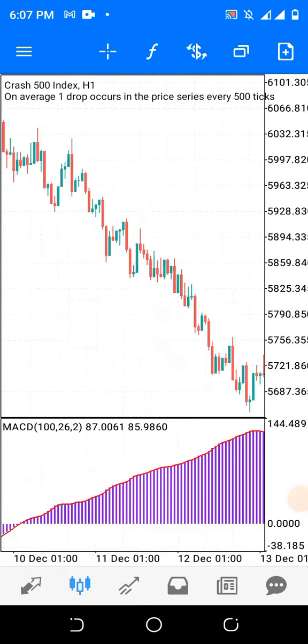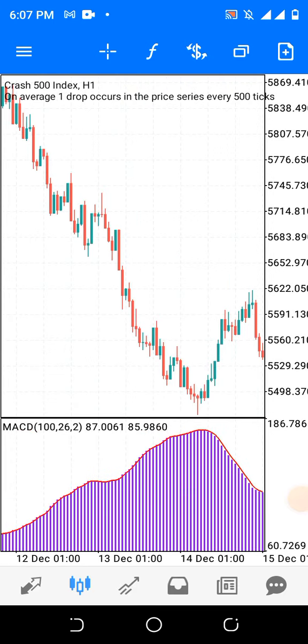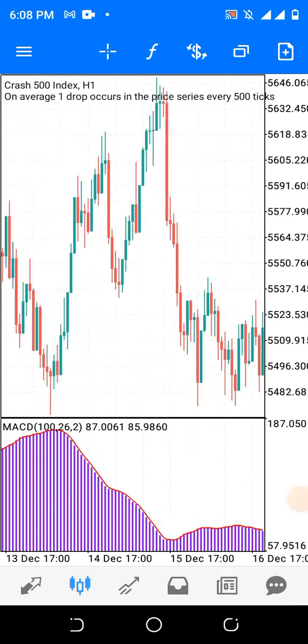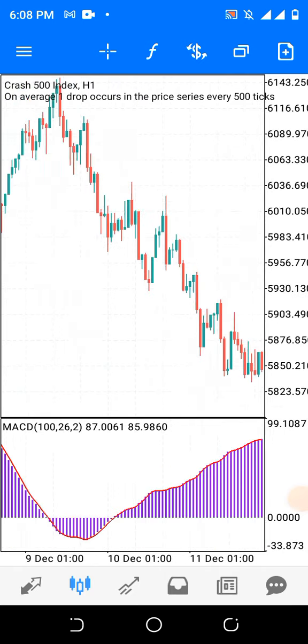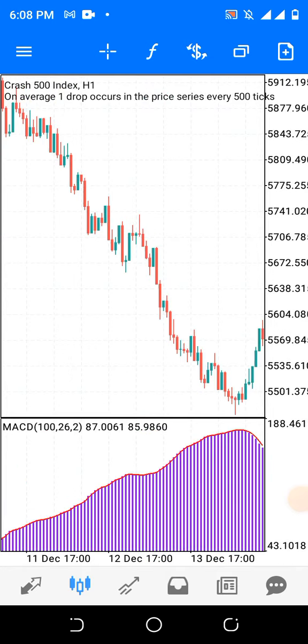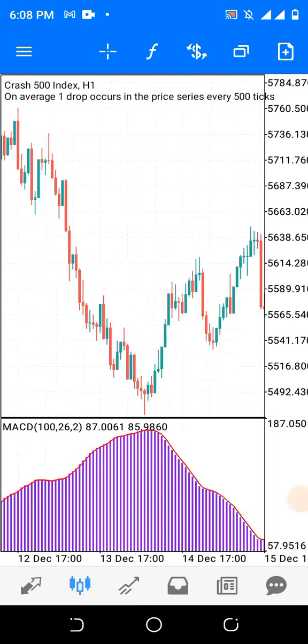Do you understand? Now this is how the strategy works, but before that, let me show you the settings, so that you will flow as I illustrate how the strategy works.